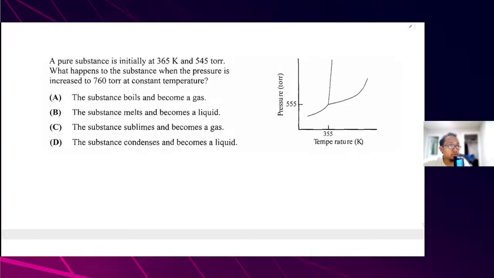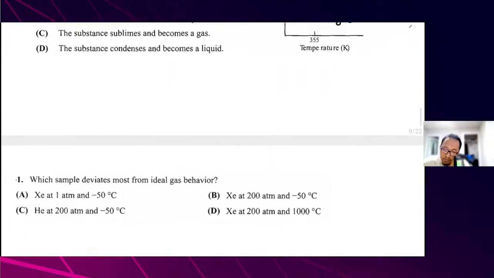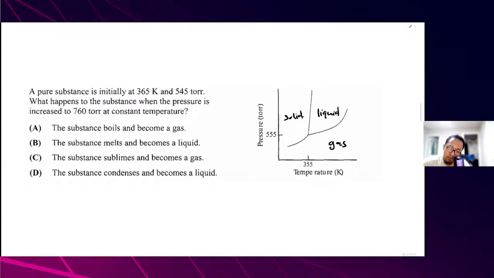In this part it should be gas, over here liquid, and over here solid. So let's illustrate the question: a pure substance is initially at 365 over here, and 360 might be over here.